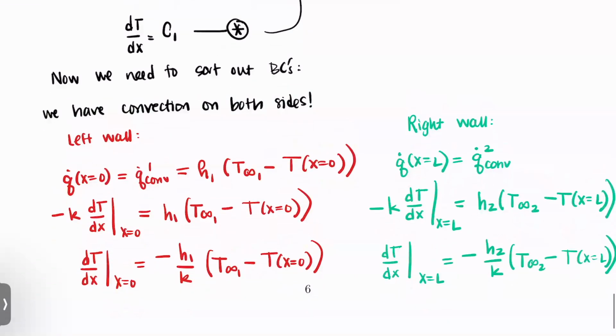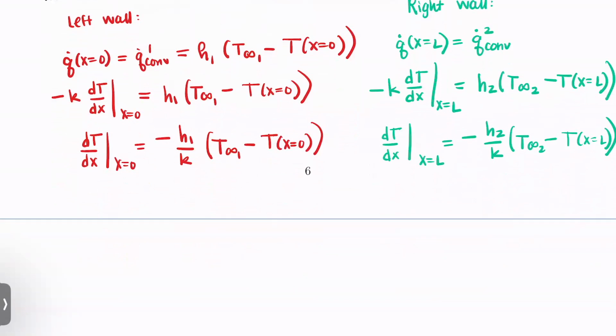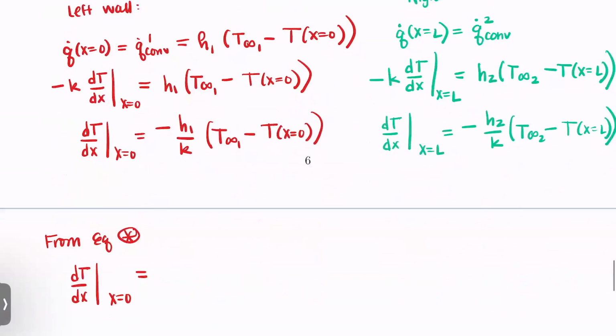Let's start with the left wall. From equation star, we know that dT/dx at x equals 0 is equal to C1, because dT/dx is equal to C1 no matter what x you have.